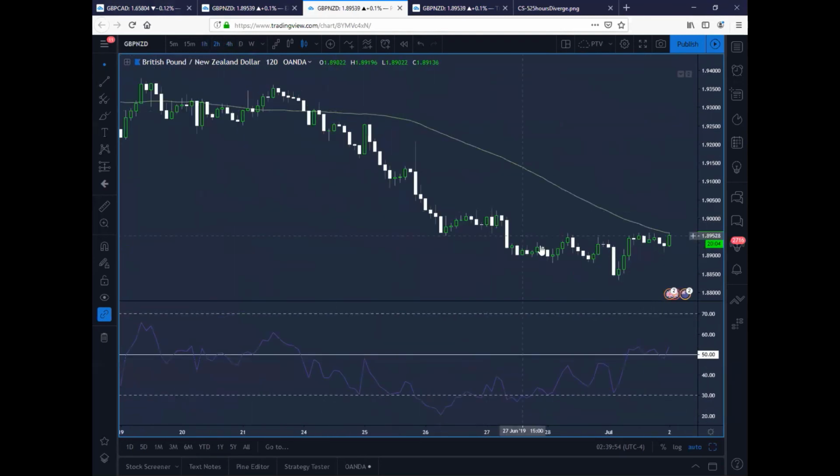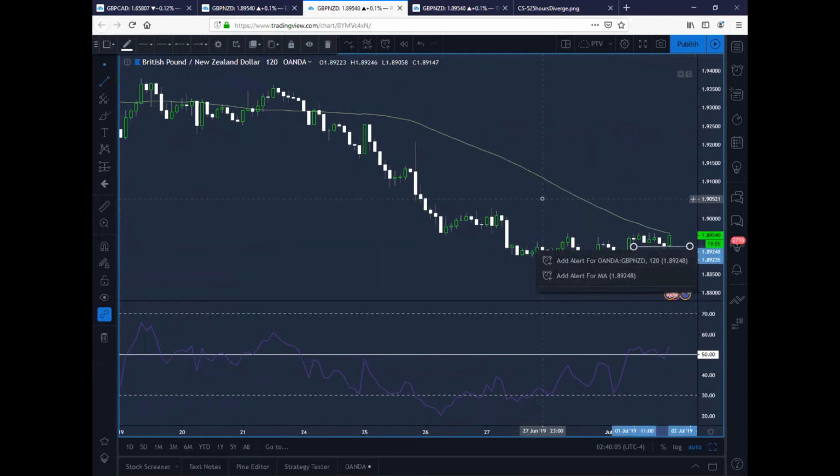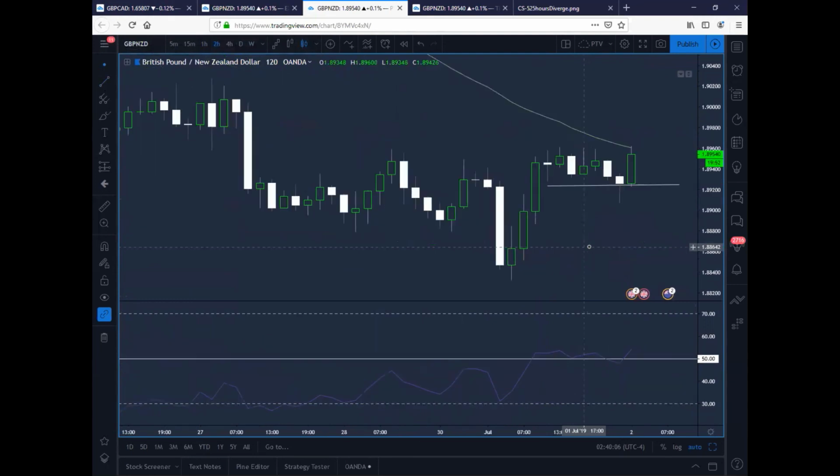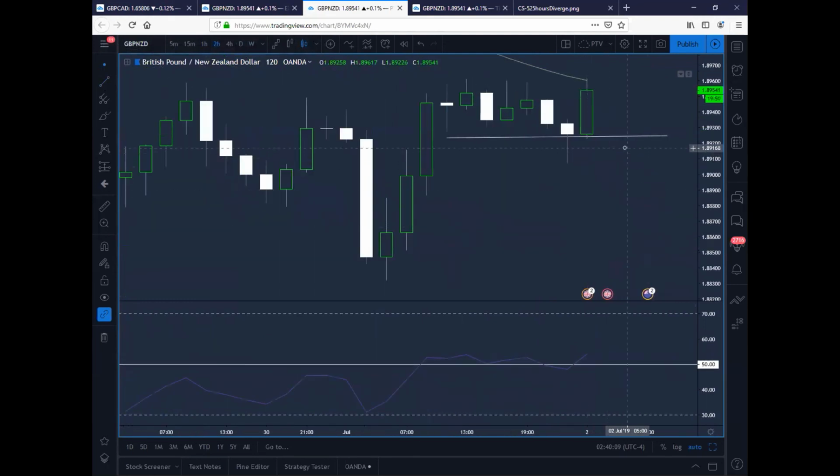Go back on the 2-hour, we can see that right here. Support was created there. It's really great right there. With that being said, see how many pips that is.